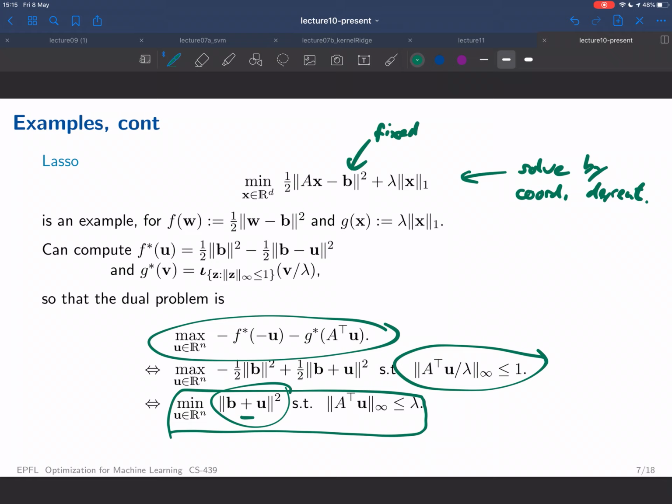It's also what's implemented in the statistics packages in R, and also in Python, in scikit-learn and so on. This is super fast. You just change one coordinate at a time, and then you optimize this one coordinate. That's easy.